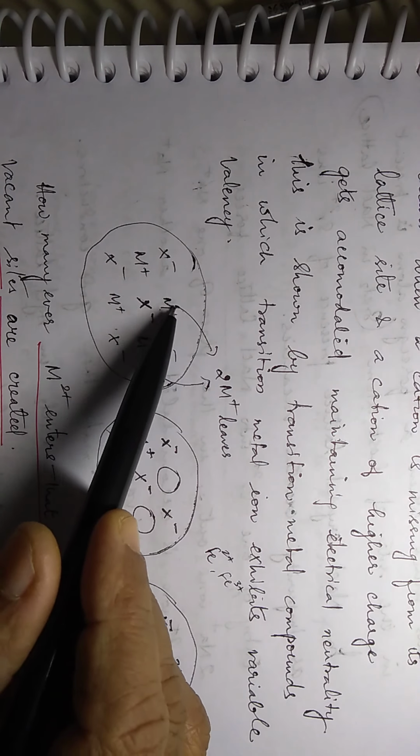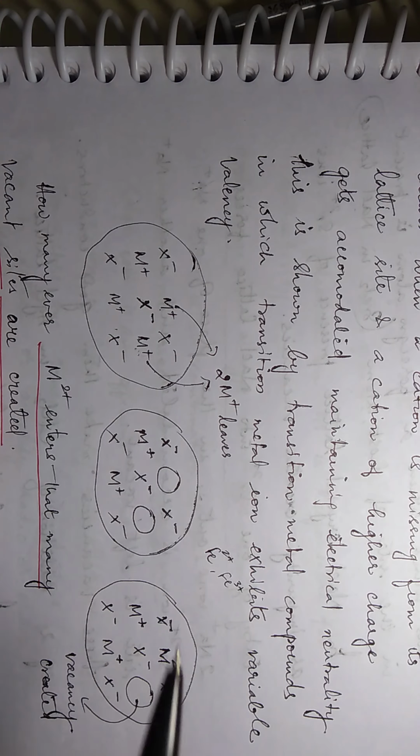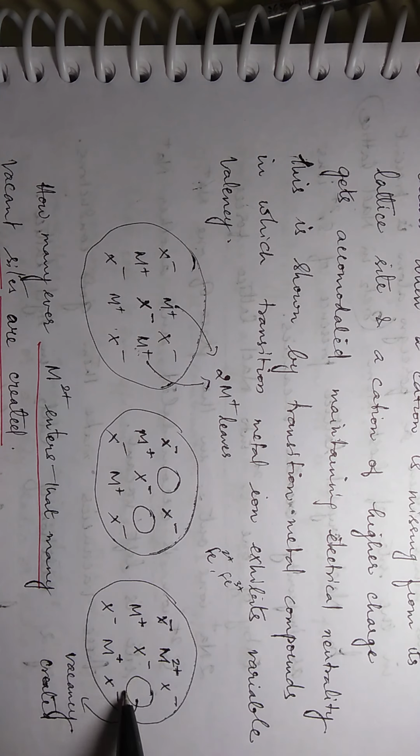So here when two M plus ions leave, two positive charges are leaving. And two positive charges have come in the form of the same metal in a higher oxidation state. So two positive charges have come inside, but one vacancy is there.